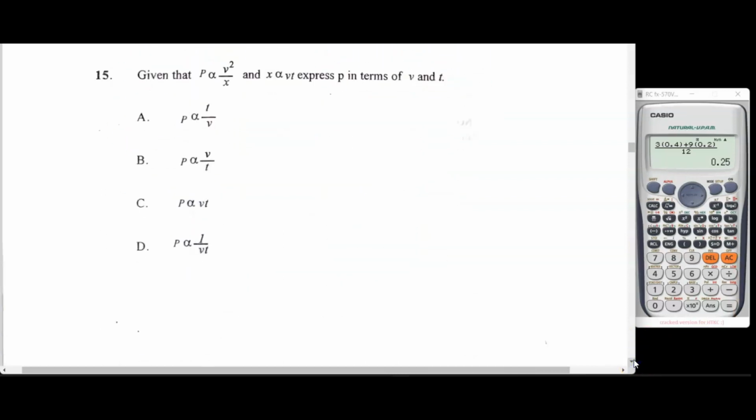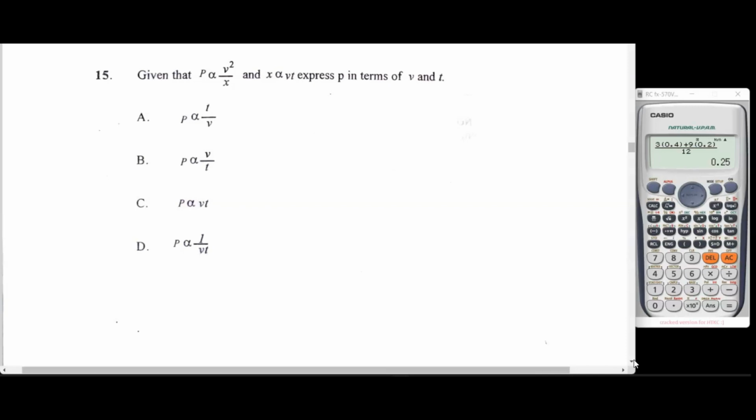Number 15 says that given that p varies as v squared over x, directly as v squared and inversely as x, and x varies directly as v and t, express p in terms of v and t. Ideally, it's all about making the common variable in these two different statements the subject and merging it.